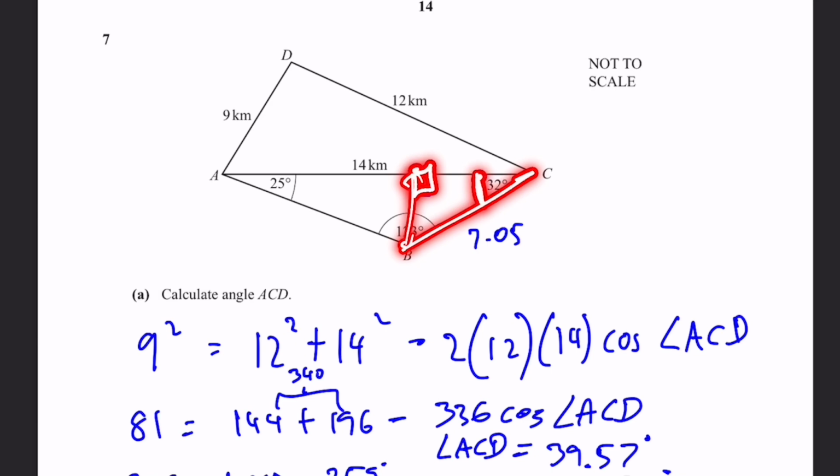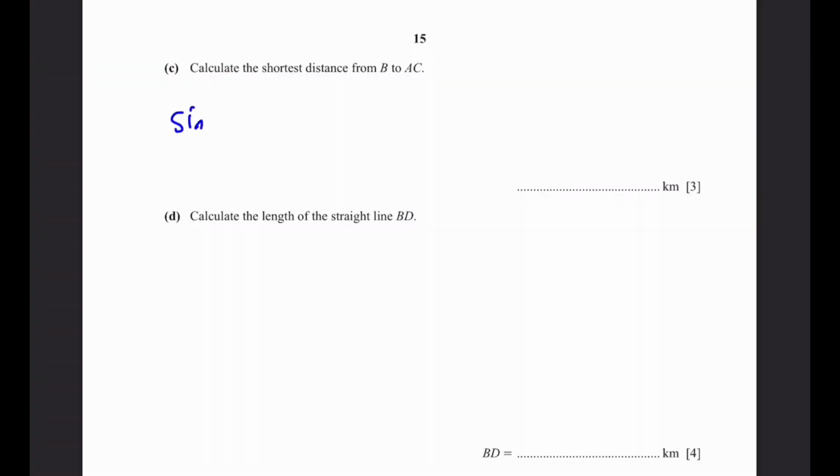We have an angle and we have the side length. So which trigonometric formula links the hypotenuse and the opposite? Because this angle is the one we're concerned about, this is opposite to that angle. It's the sine formula. So you can write that sine of 32 degrees is equal to the side length x, which is the distance from B to AC, by the hypotenuse, 7.05 kilometers.